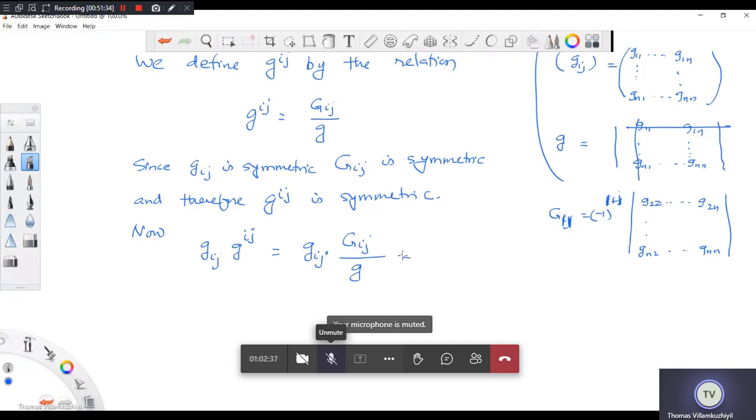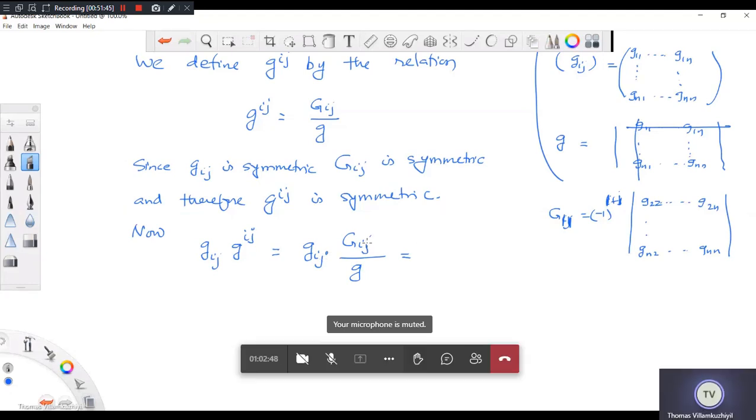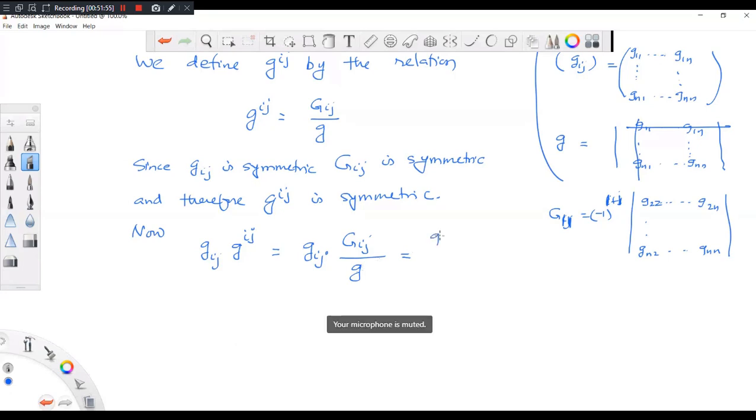It is nothing but a scalar. So what is that scalar? Rank is 0, and rank 0, that is true, but can you tell me what is exactly that scalar? What will be the value of the scalar? It is G. It is the determinant.